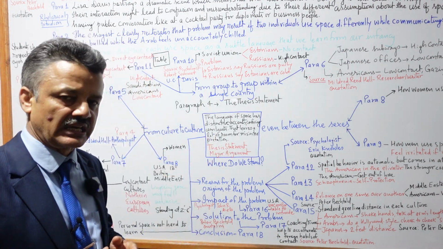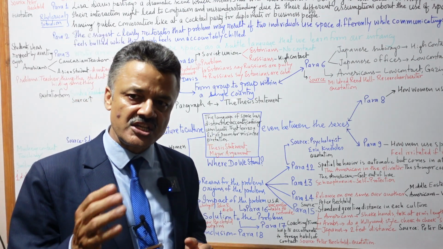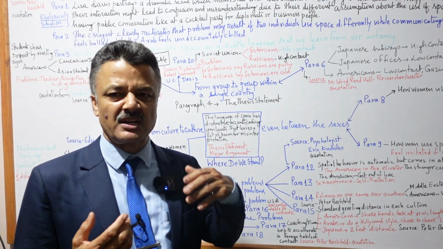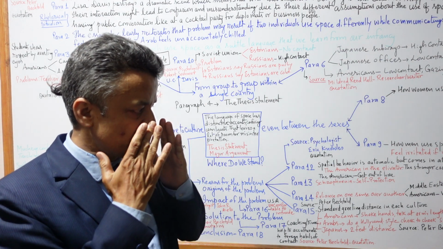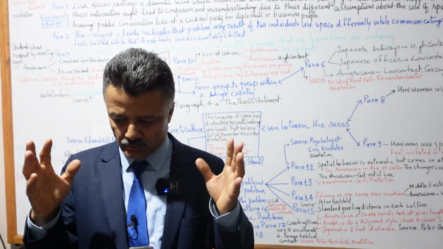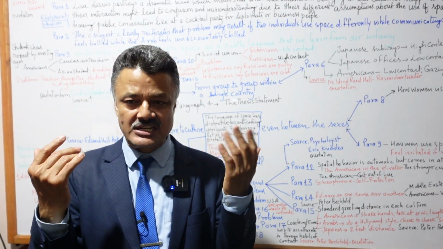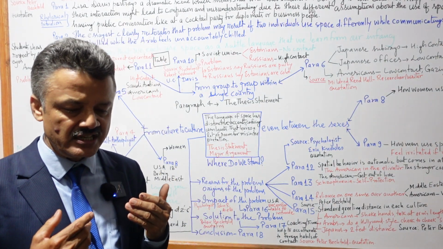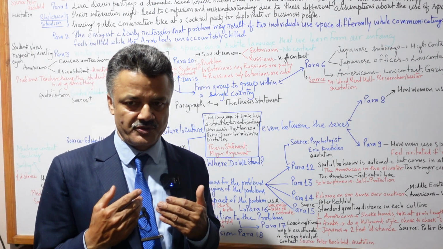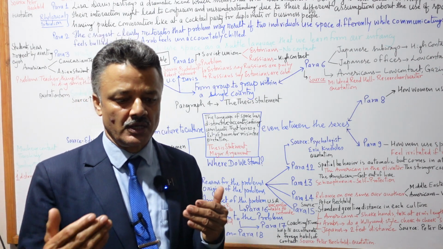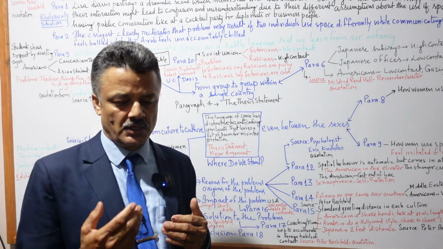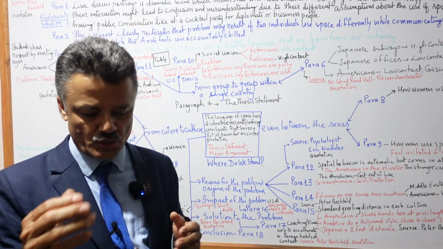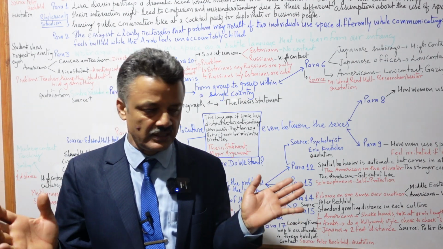For example, she gives the example of Middle Eastern people, who use the sense of smell and touch to gather information about the surroundings. Therefore, Middle Eastern people have to come closer to other people while communicating, because they use smell and touch to figure out what's going on around them.